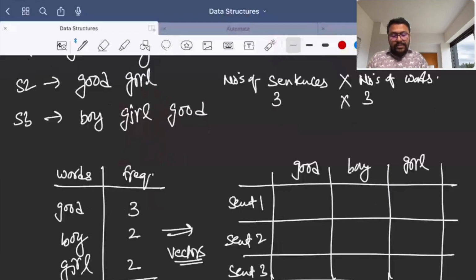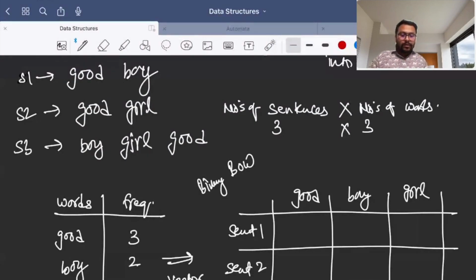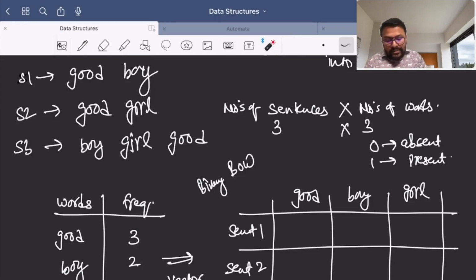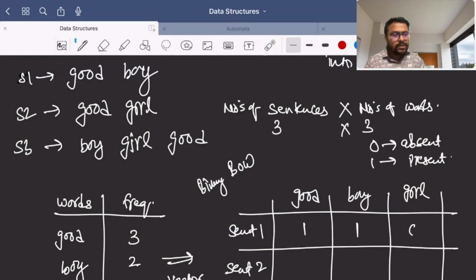Now see this. In sentence 1, is good available? Yes. First let's talk about the binary bag of words, in which 0 represents absent and 1 represents present. In sentence 1, good is present, boy is present and girl is absent. So I will write 1 1 0 here.